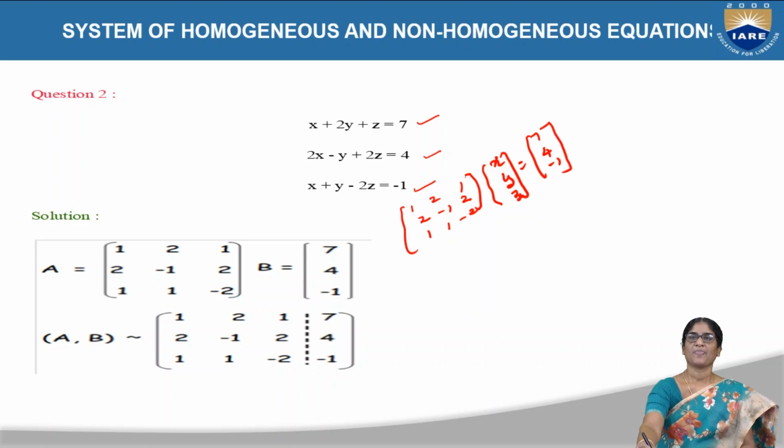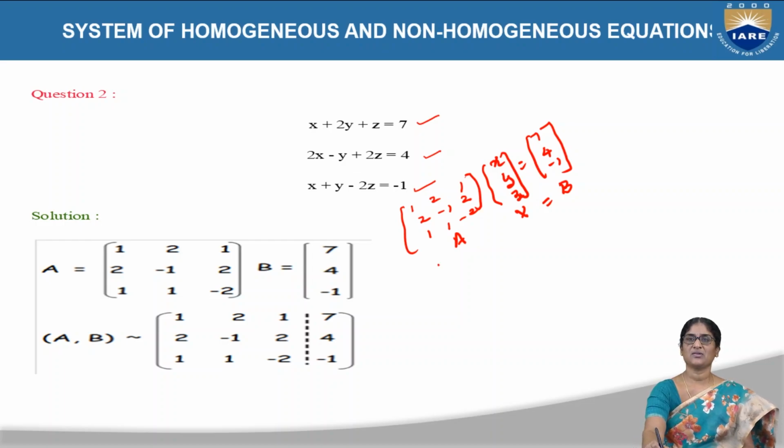This is the coefficient matrix, this is the variable matrix, and this one is the constant matrix. As the constant matrix has some non-zero terms, the given linear system of equations is a non-homogeneous system.